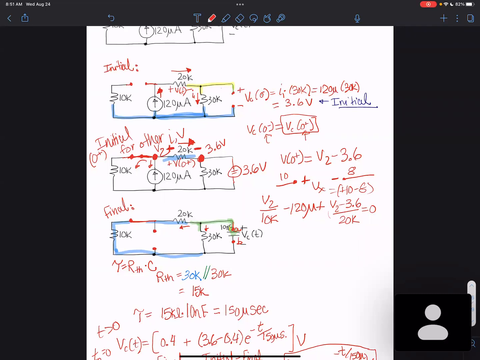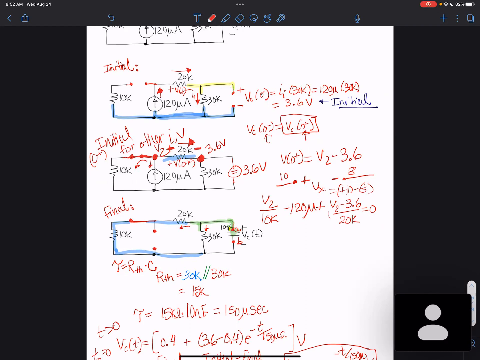I understood like we were doing this, and they were switching it on right at the time that the switch changes. So we're doing it right before the switch, that's 0 minus. And so that's why we have the first one as open.